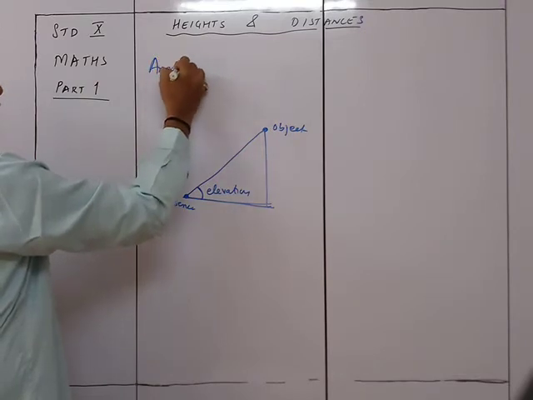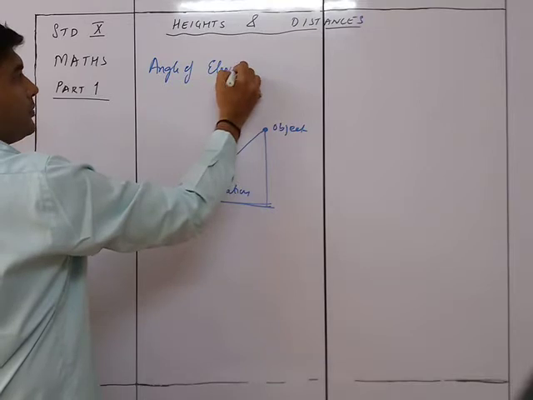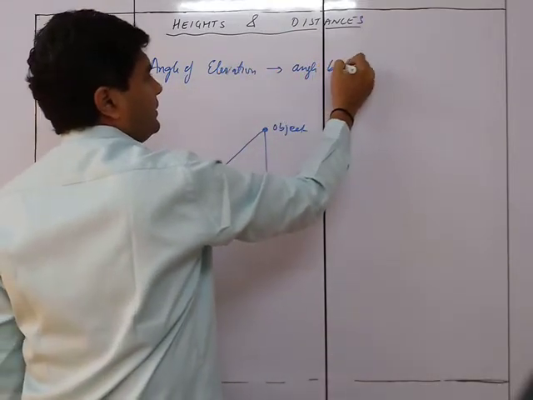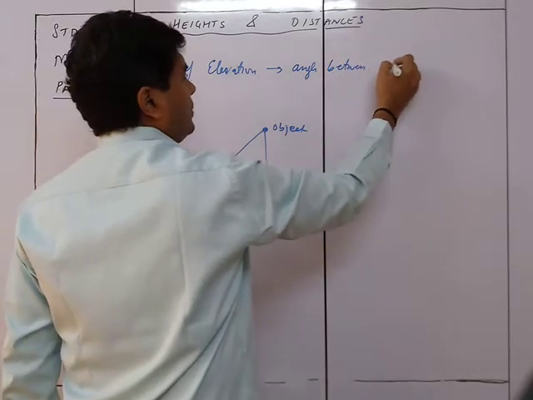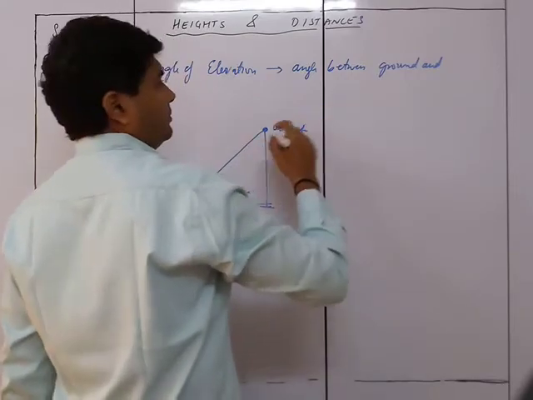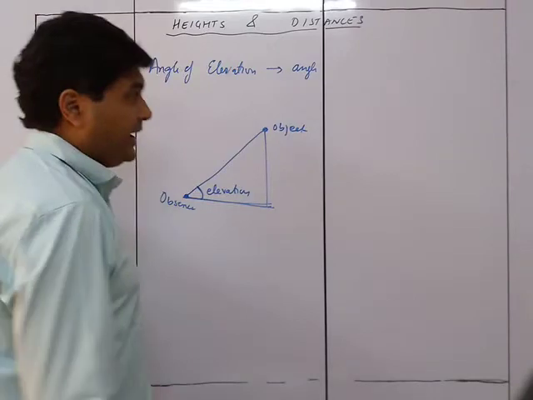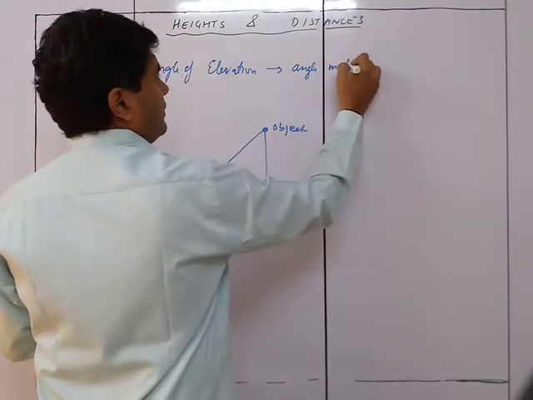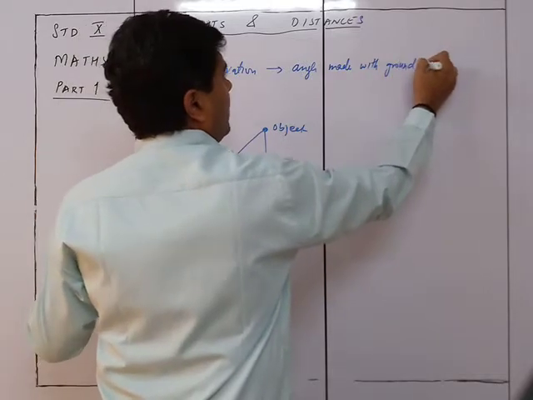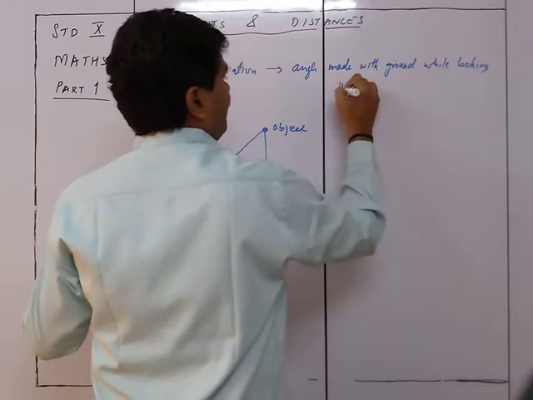Angle of elevation is the angle between the ground and the line of sight, or the angle made with the ground while looking upwards.